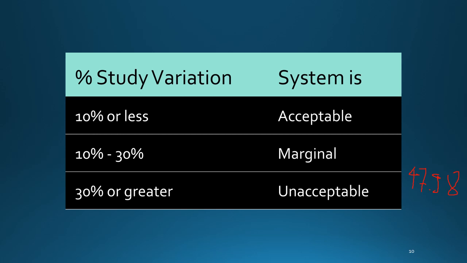Recall that various industry and professional organizations, such as the Automotive Industry Action Group (AIAG), provide guidelines that can help us determine whether this level of variation is acceptable. These are the same standards we use for percent of study variation.